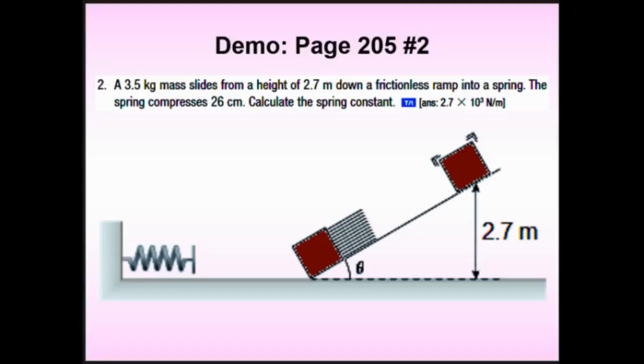Okay. Remember, the best way to do any energy conservation problem is to look at each instance of the problem. First, where was the block? On top. Was it moving? No, at the beginning.